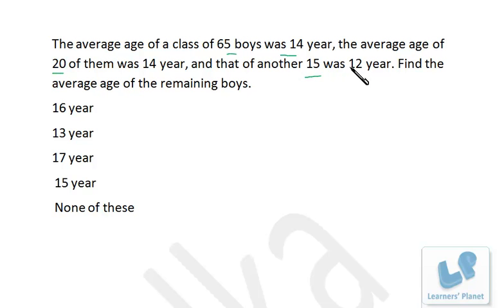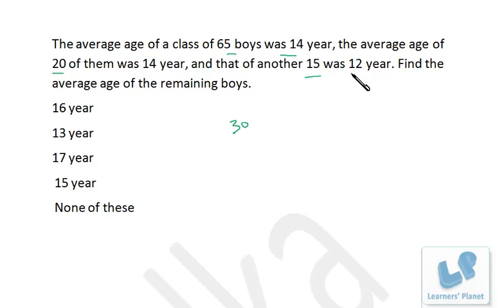That means the difference, the data we are losing, is 2 years per student, right? So per student we are losing 2 years, that means 30 years in all we are losing. Now that has to be compensated by the third group, right? 20 these persons, 15 these persons, so the remaining 30 persons are left, right?